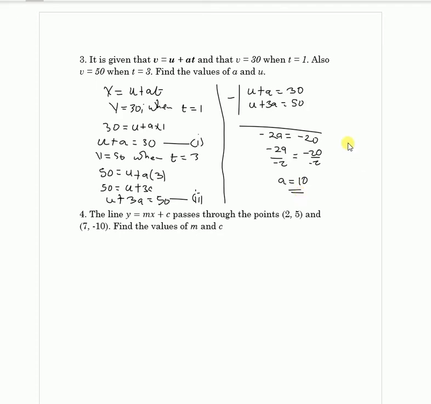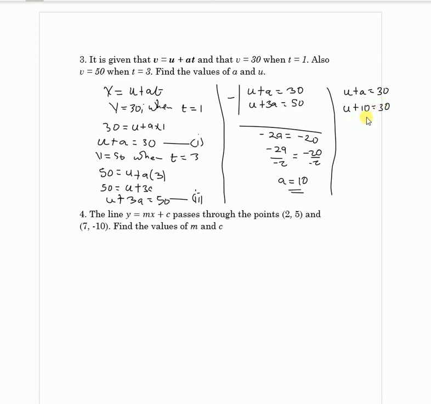And having got that, we now go back to equation 1. They say that u plus a is equal to 30. You have just got a as 10. So if a is 10, we have that u plus 10 is equal to 30.